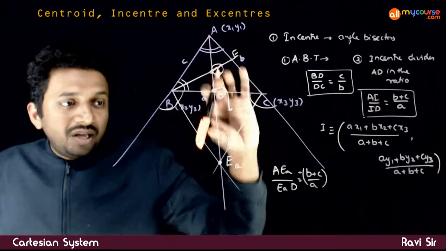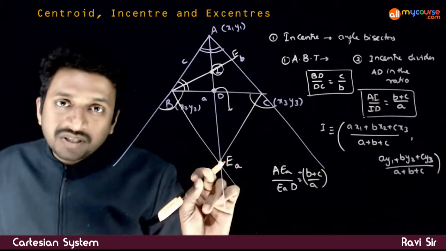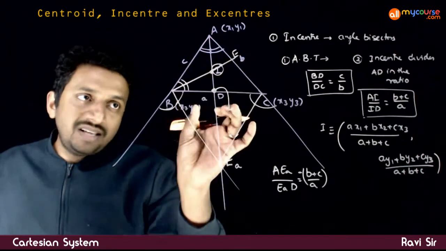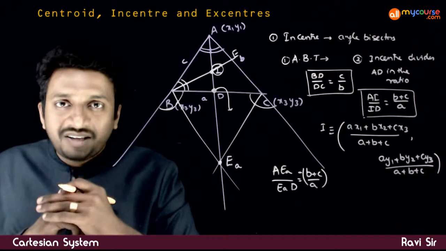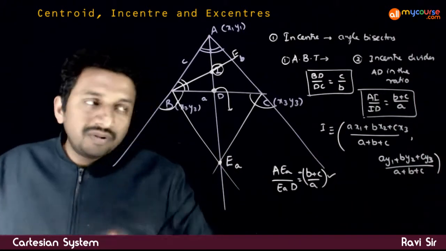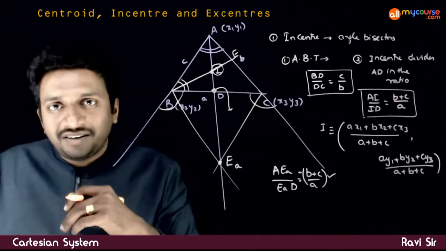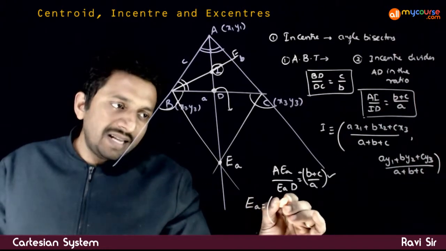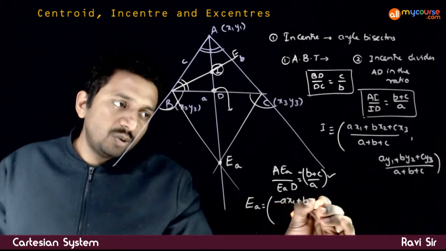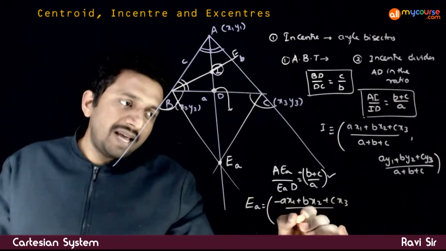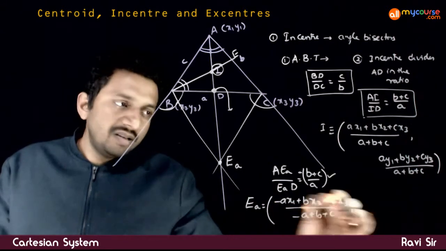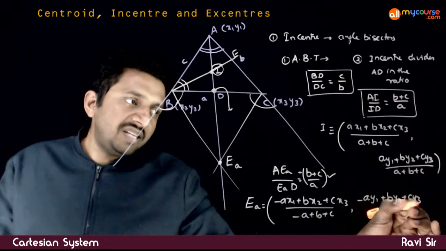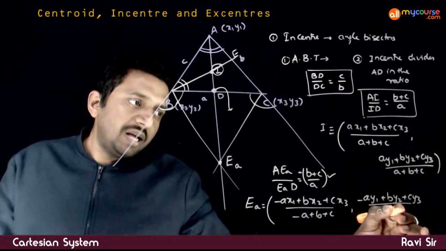So the ratio in which the excentre opposite to vertex A divides AD is again b plus c is to a, but externally. Using this ratio you can find the coordinates of excentre. So excentre opposite to A is given by (minus ax1 plus bx2 plus cx3)/(minus a plus b plus c), (minus ay1 plus by2 plus cy3)/(minus a plus b plus c).